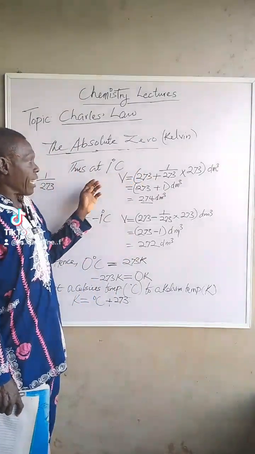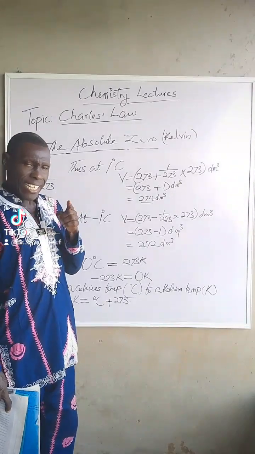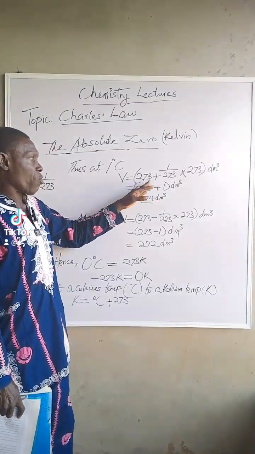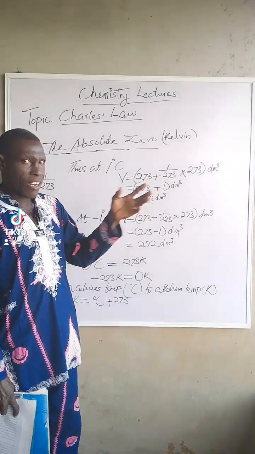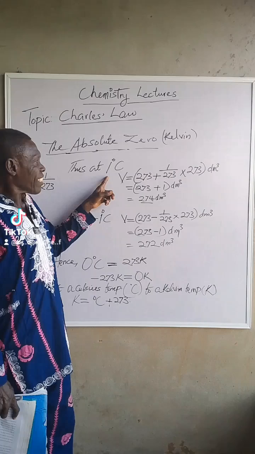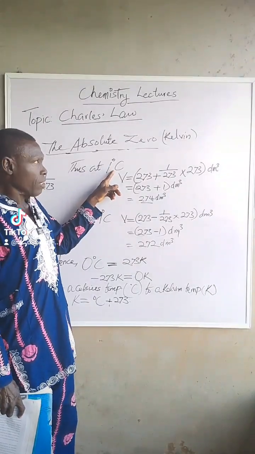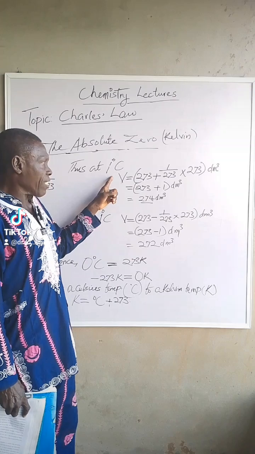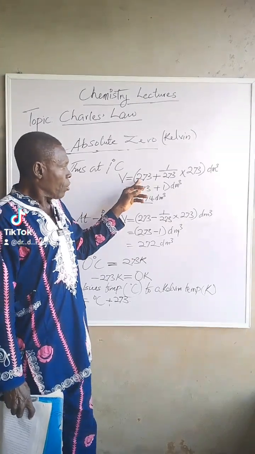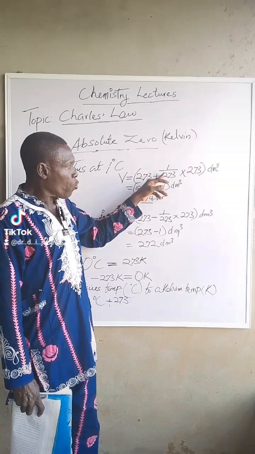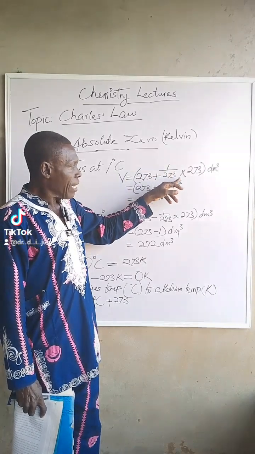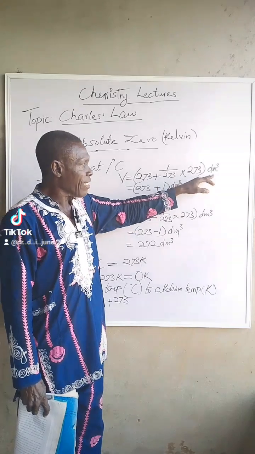You may not get it clearly because it is worked mathematically, but ordinarily you can see it here. At 1 degree Celsius, from 0 to 1 degree Celsius, the volume is 273 plus 1 over 273 times 273 dm3.